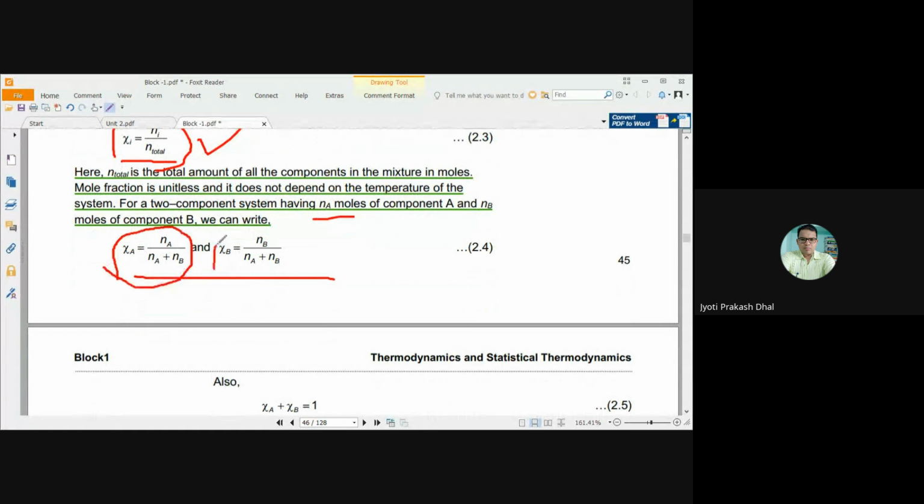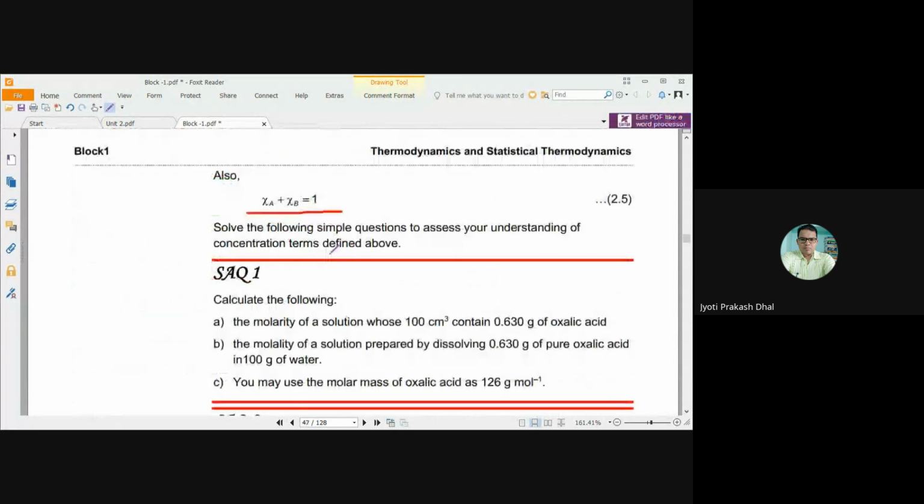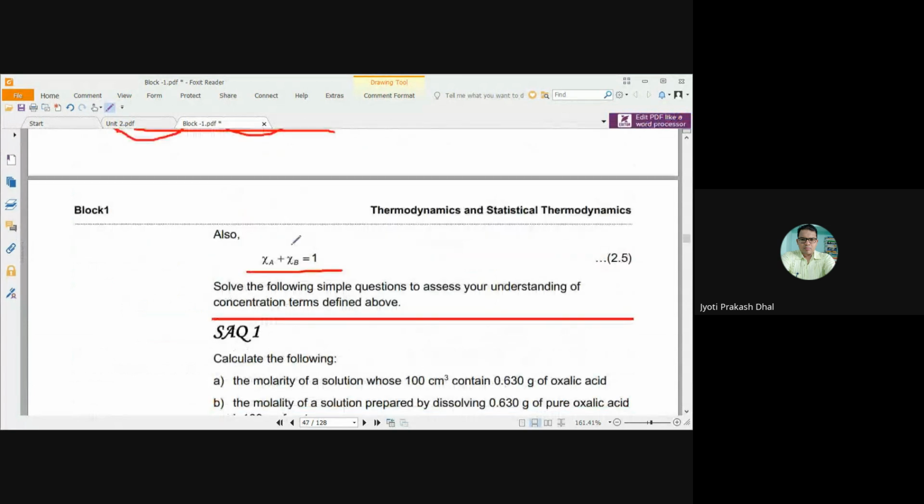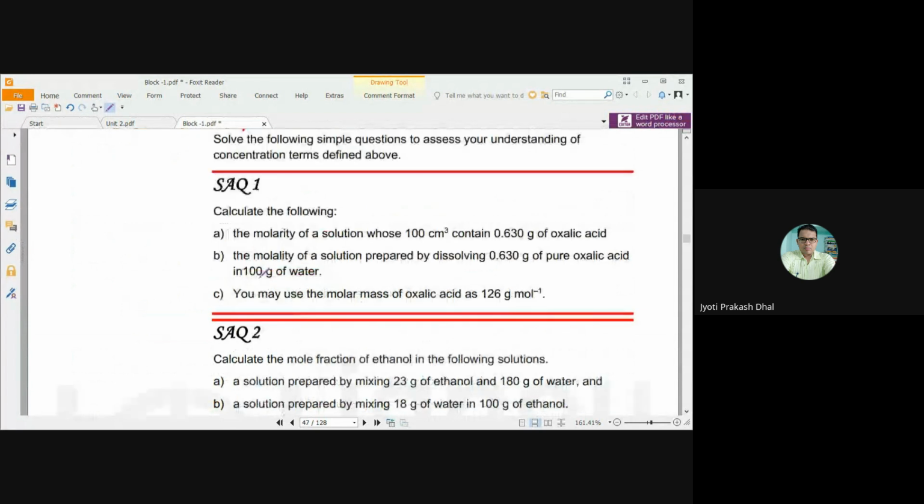Similarly, the mole fraction of the second component, chi B, equals the number of moles of B, Nb, divided by the total number of moles Na plus Nb. And if the solution is a binary solution and we add the mole fractions of the two components, then the total value will become 1. All these things you have studied.